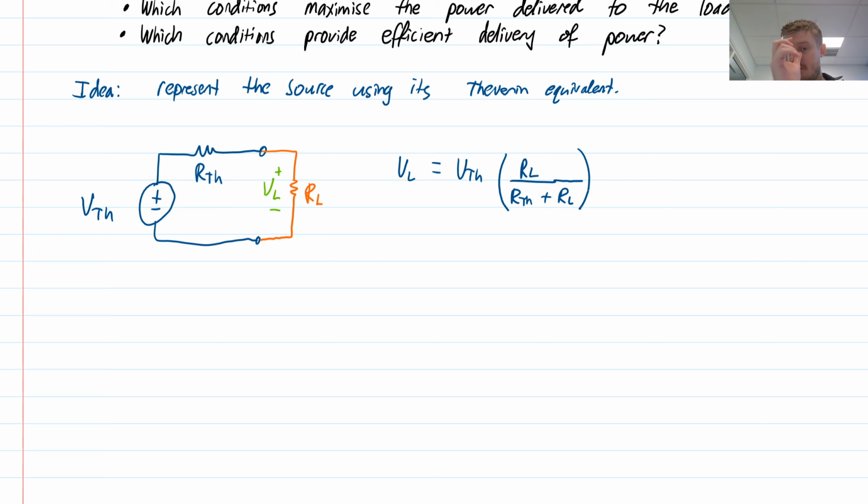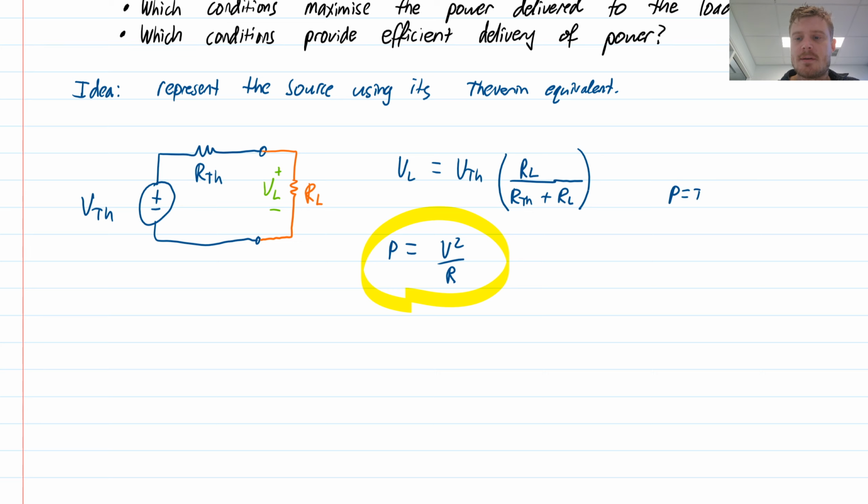This is our expression for the voltage, and we know that the power dissipated in a resistor is V squared over R. By the way, if you don't quite remember this one, it comes from taking P equals IV and substituting Ohm's law into it to eliminate the current. If you do that, you end up with V squared over R.